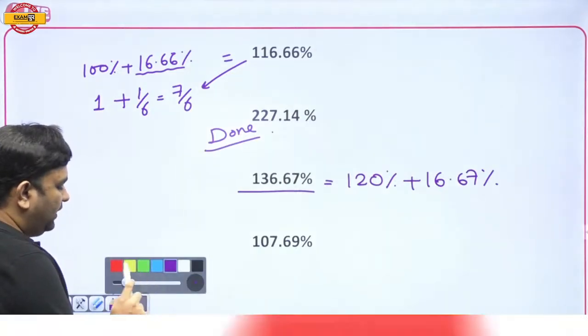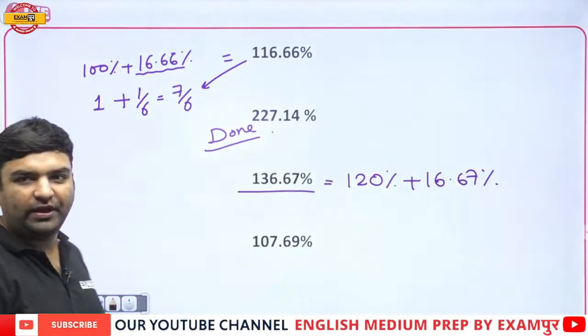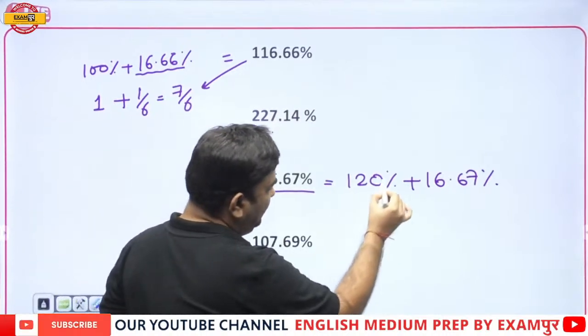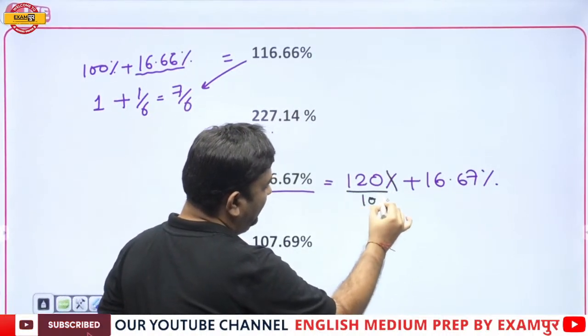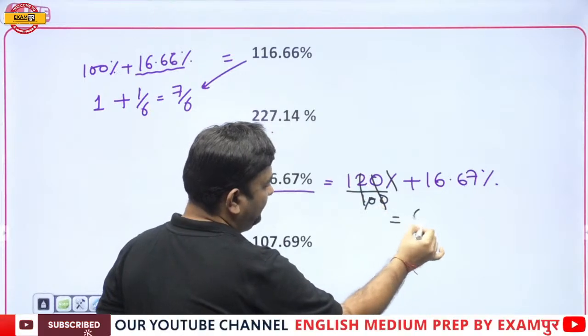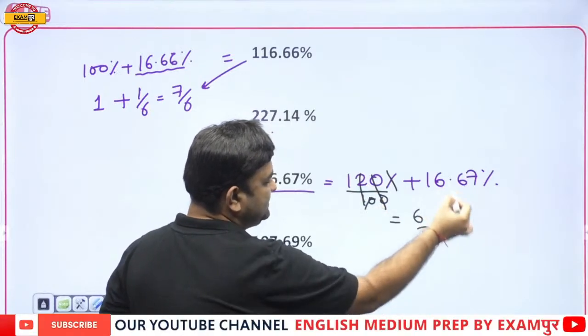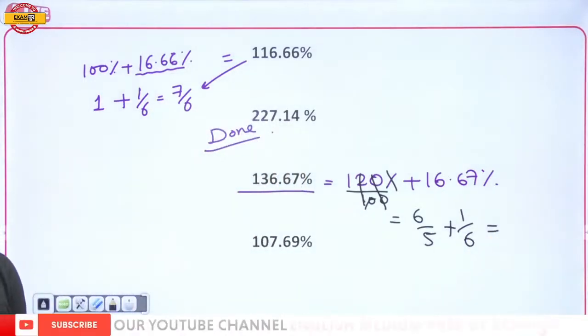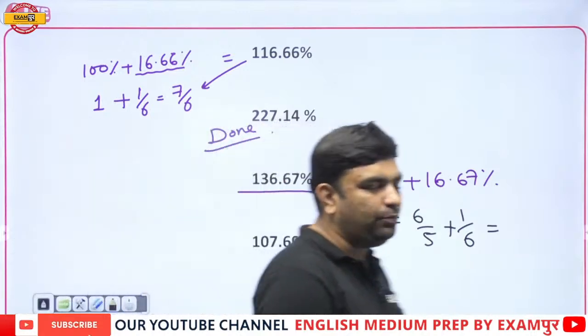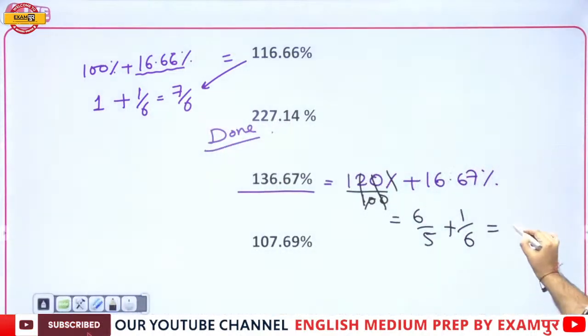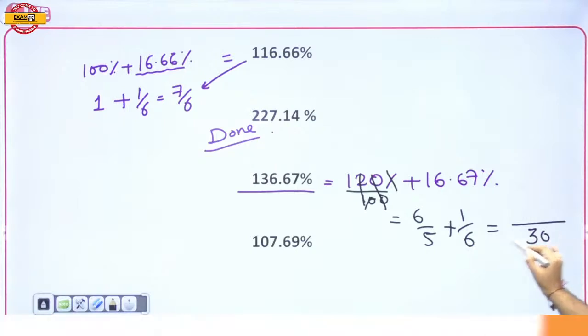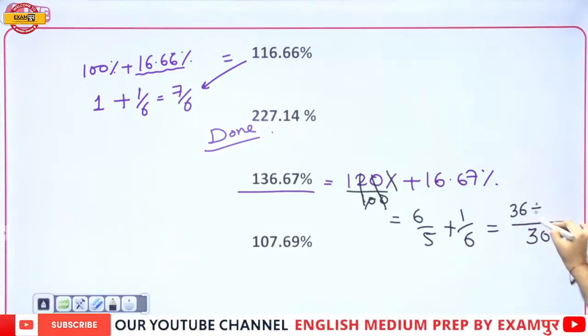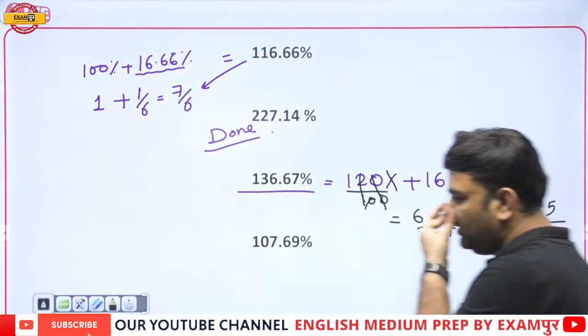Guys, we can convert 120 directly into a fraction by dividing by 100. It will become 6 by 5. 6 by 5 plus this is 1 by 6, we have already learned it as 1 by 6. Take the LCM, 30. 36 plus 5, 41 by 30.